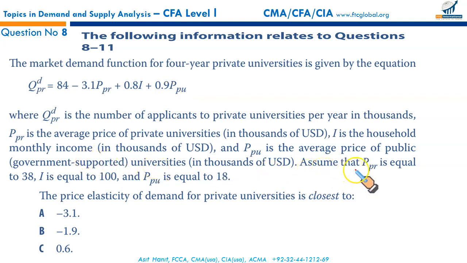Assume that PR is equal to 38, which means this can be replaced with 38. Income is 100 in thousands of US dollars, and PU is 18.